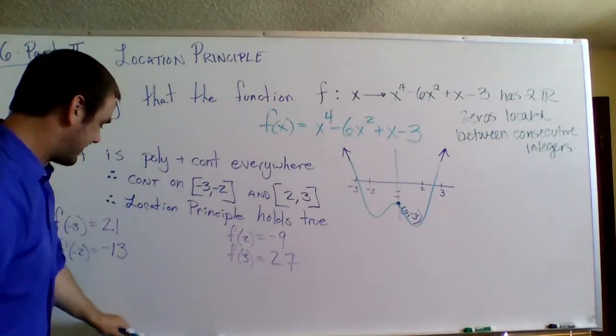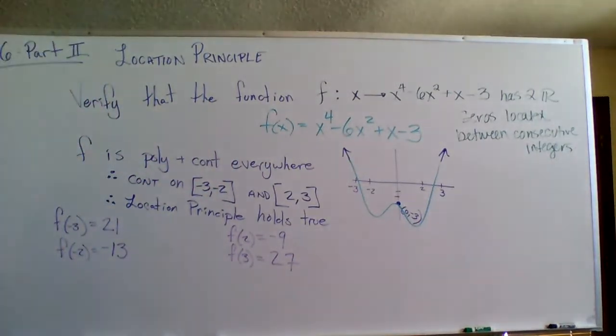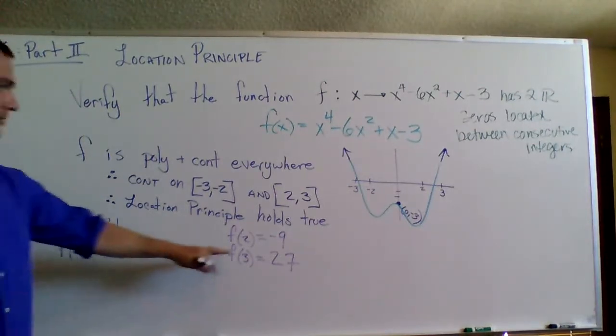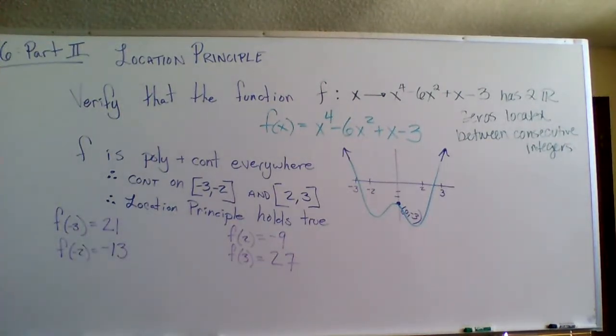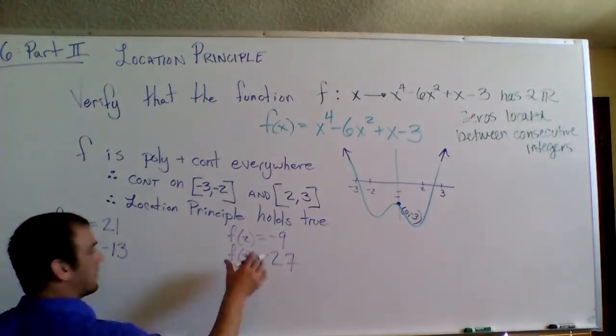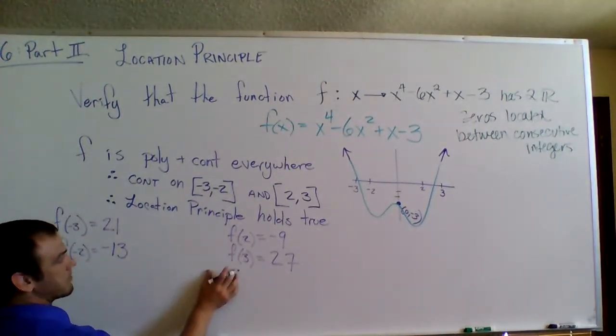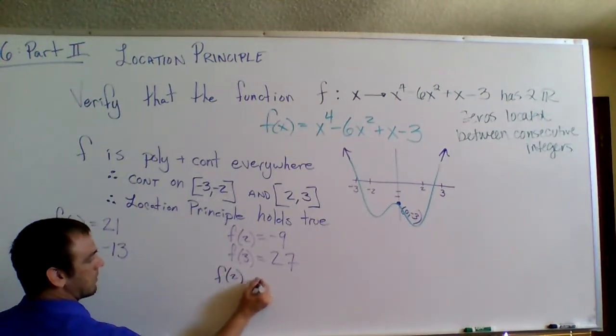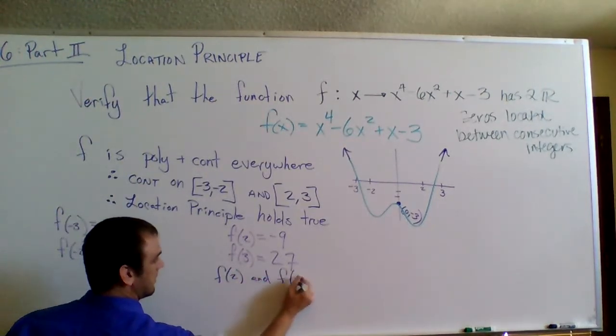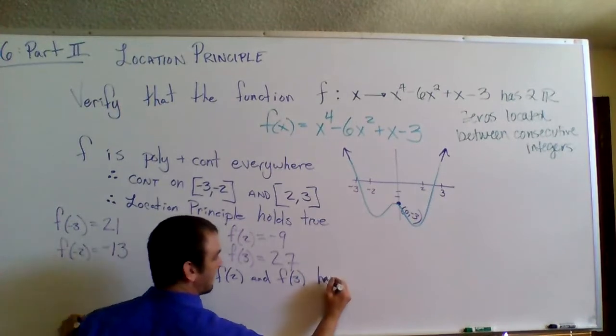Fascinating. All right. I'm going to do two different conclusion statements here. So we'll start off with this one. f of 2 and f of 3 have opposite signs.